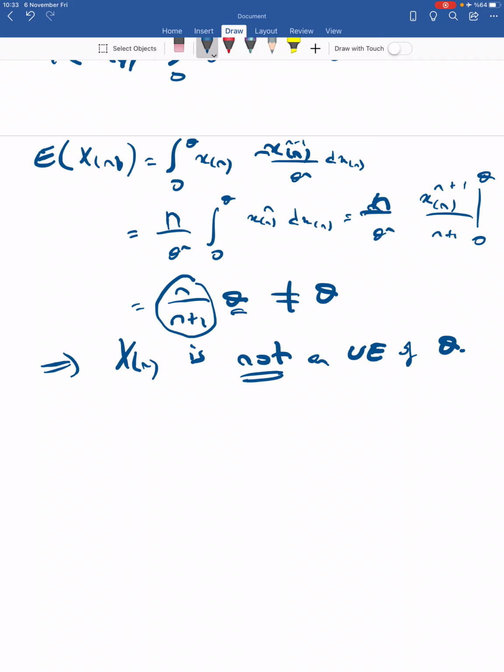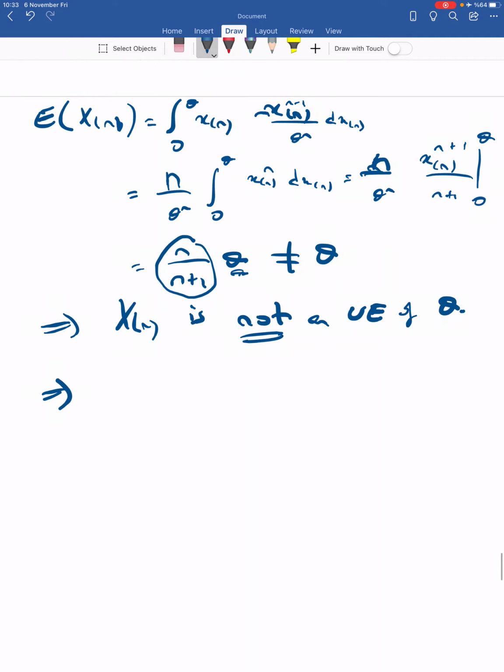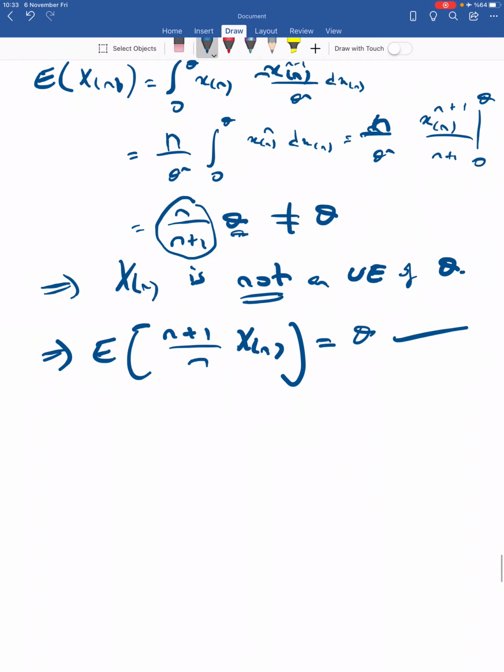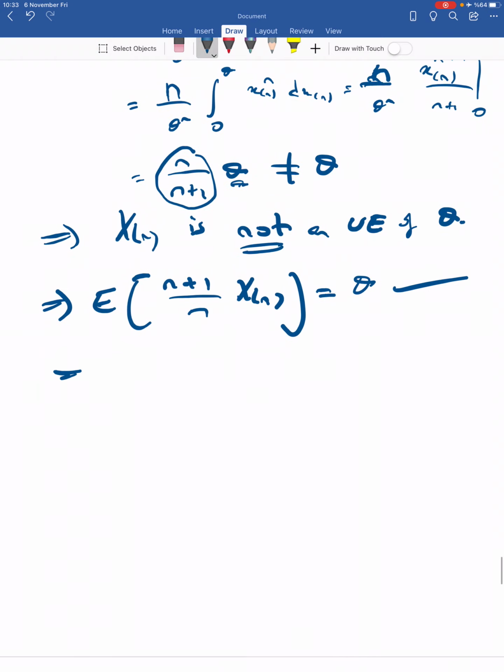If we write this constant inside the expectation by multiplying both sides by n plus 1 over n, we will end up with an unbiased estimator of theta. So the coefficient of theta disappears, and we have an unbiased estimator right now. This means that n plus 1 over n times x_n is an unbiased estimator of theta.